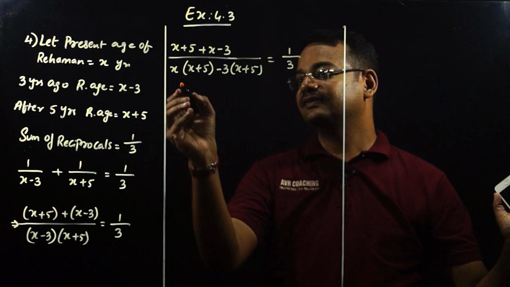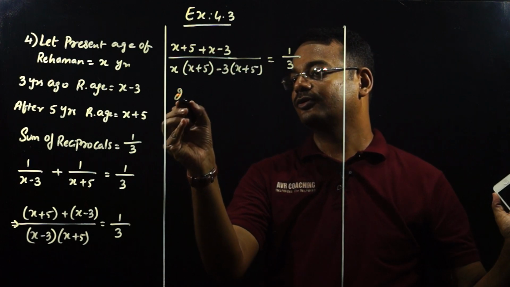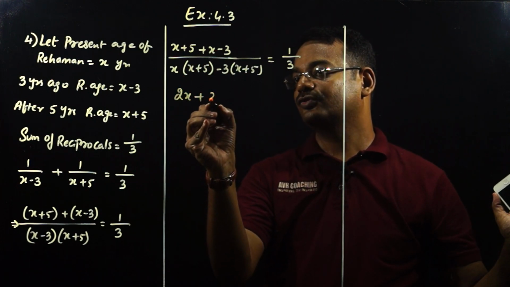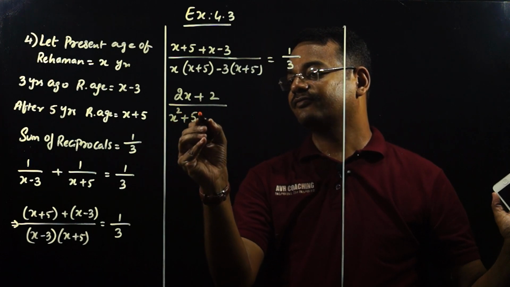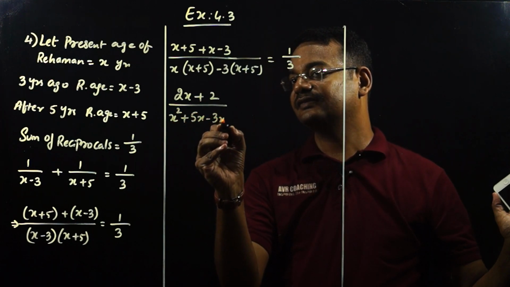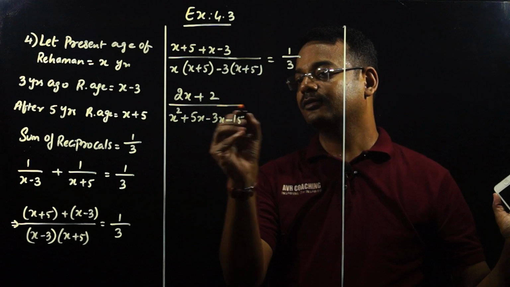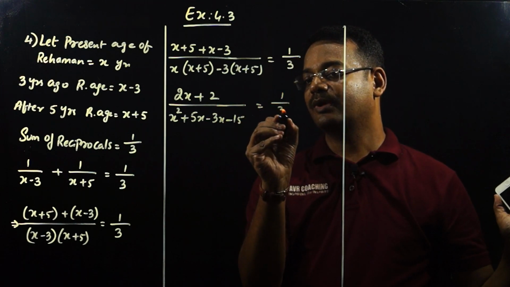So this is 2x plus 2 divided by x square plus 5x minus 3x minus 15, equal to 1 by 3.